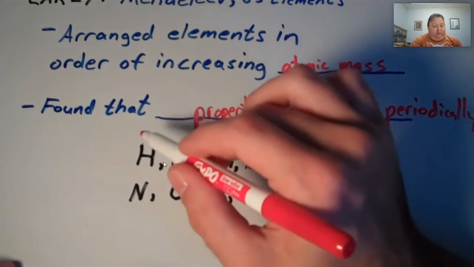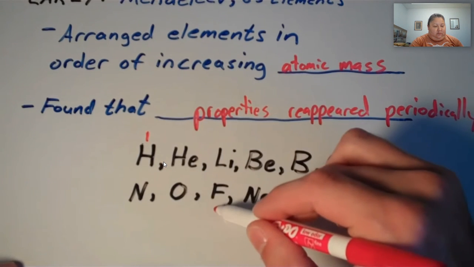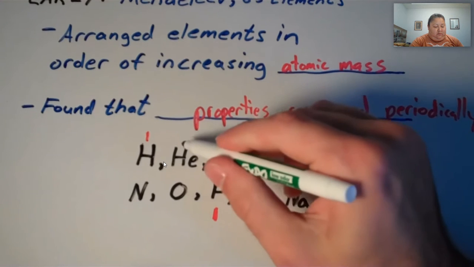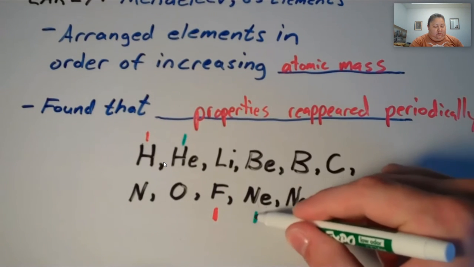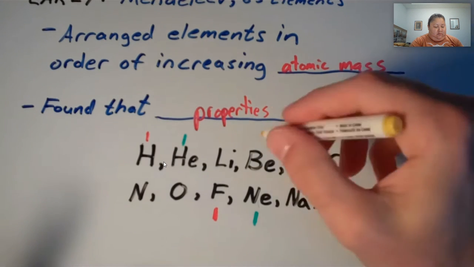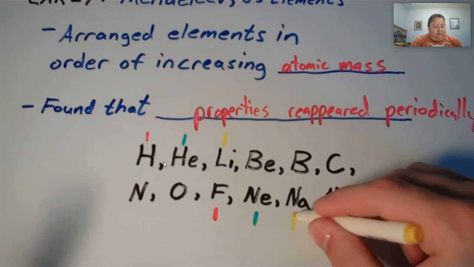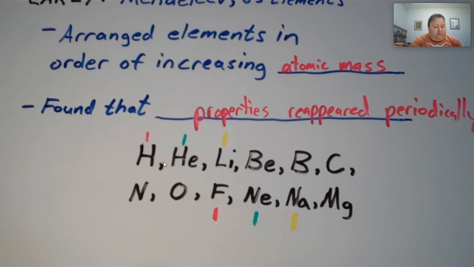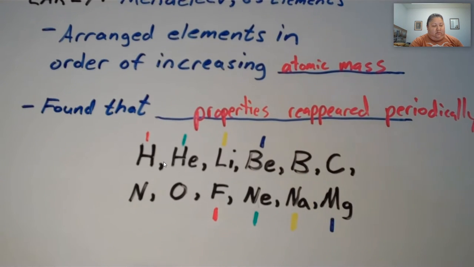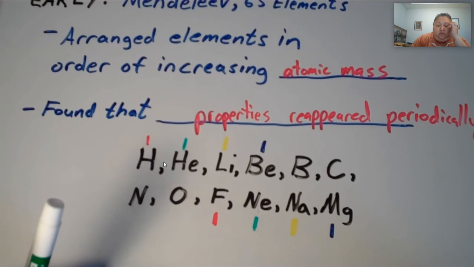So it was found that hydrogen and fluorine had similar properties. Helium and neon had some of the same properties. Lithium and sodium had some of the same properties. And beryllium and magnesium also had similar properties. So notice we have what.